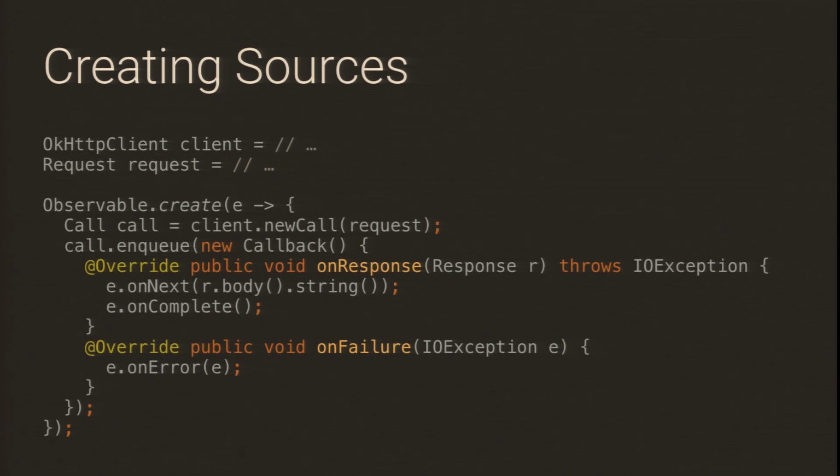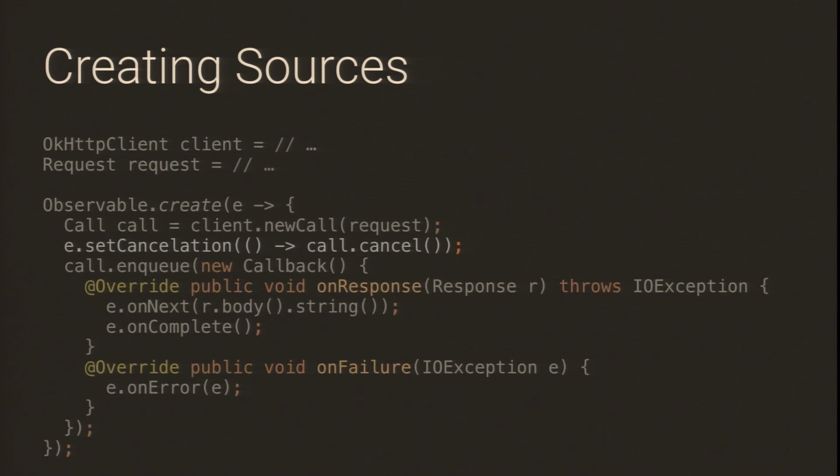Another really awesome feature of using this create factory is that you can set a cancellation callback on that emitter, that argument that's passed in. And this is a Lambda that's going to run whenever the listener unsubscribes. So in this case, I'm making a synchronous HTTP request.